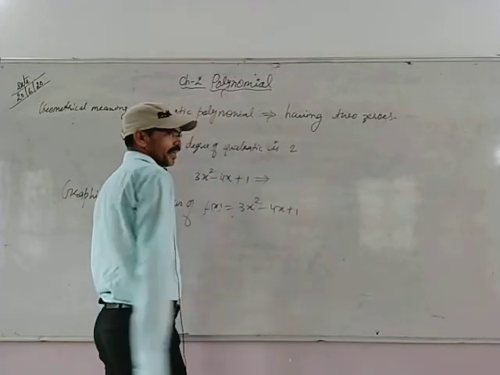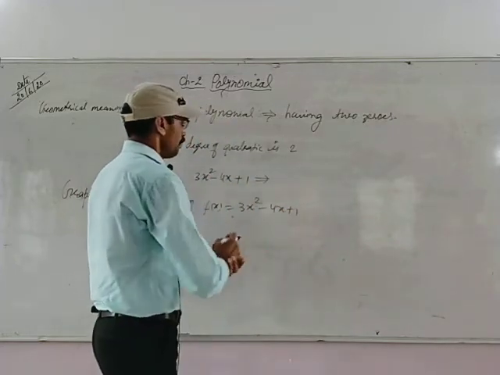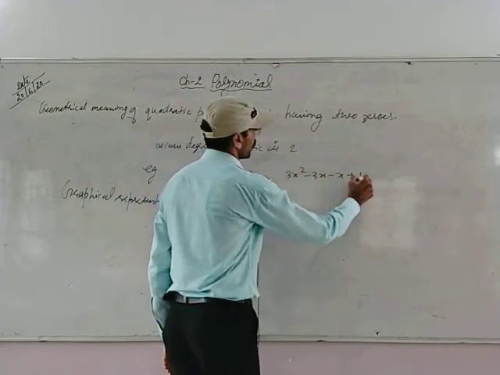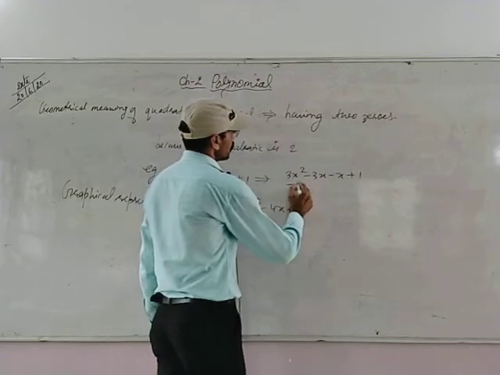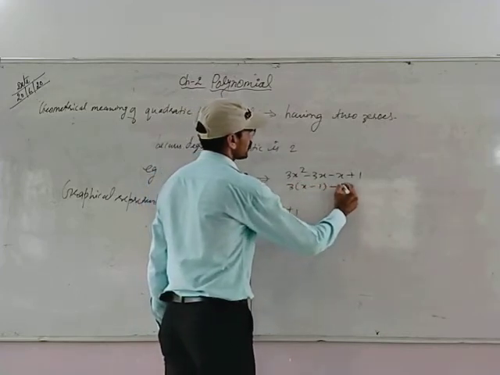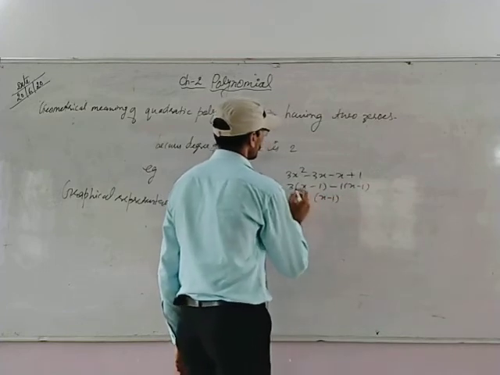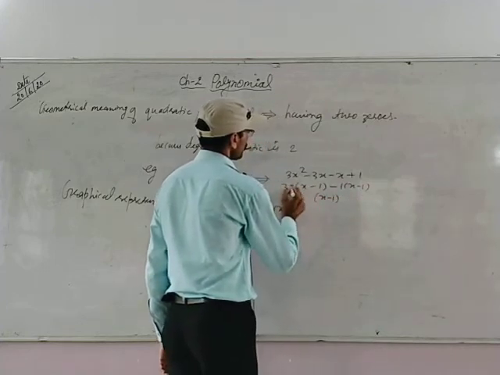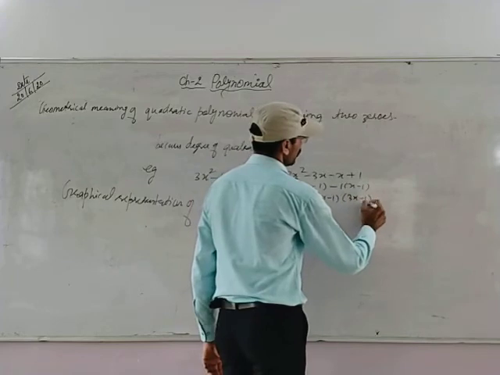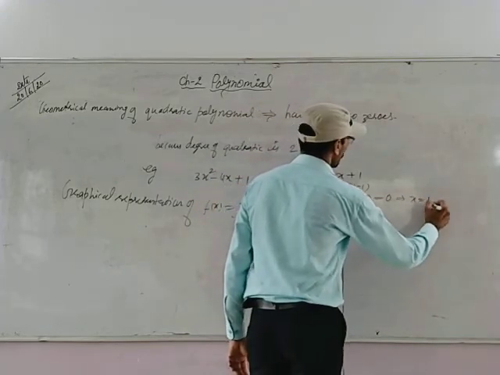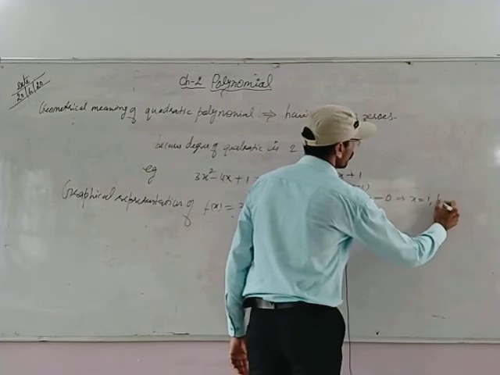Now we use middle term splitting: 3x square minus 3x minus x plus 1. Now 3x minus 1 times x minus 1 separately. Now 3x minus 1 and x minus 1 show two zeros: x equals 1 and another 1 upon 3.